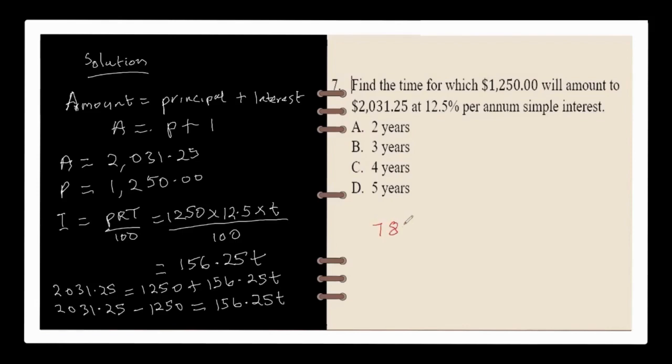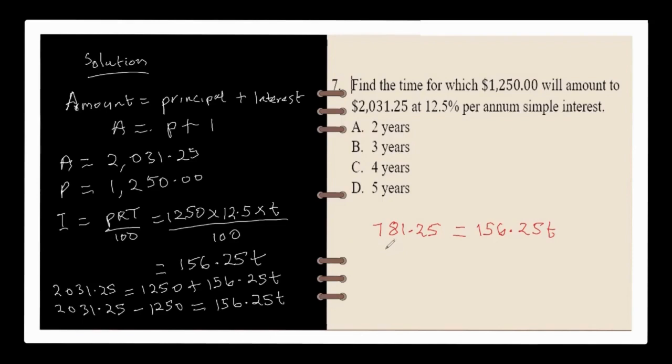So we have 781.25 equals 156.25t. So we are going to divide by the coefficient of t, which is 156.25.